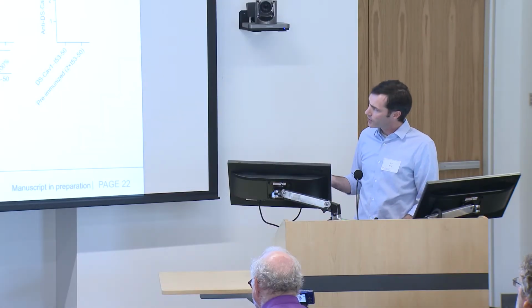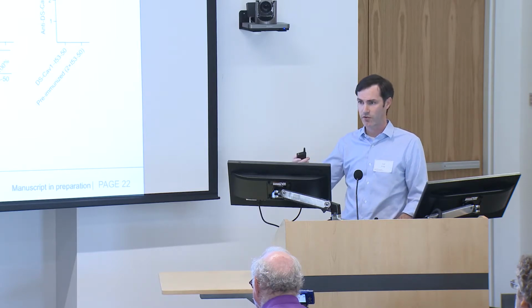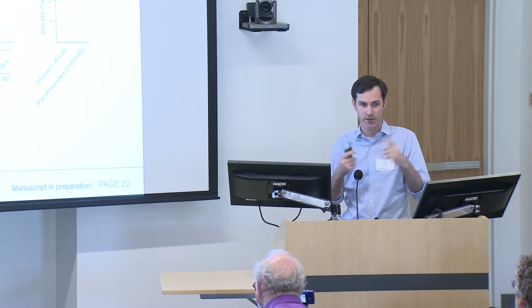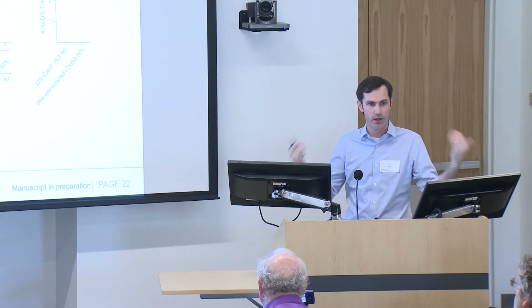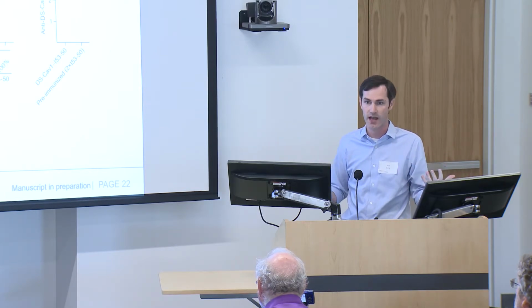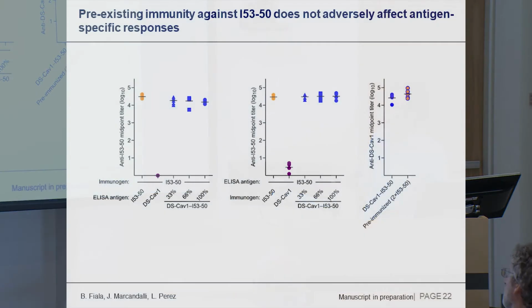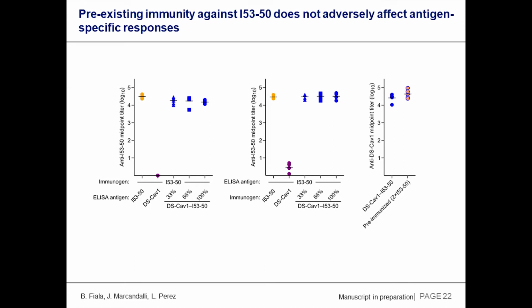And then another thing we've looked at is anti-scaffold responses, right? So this is a foreign protein nanoparticle that's underlying the antigen, and so it is absolutely going to be immunogenic. You're going to get antibodies against it. The question is, does that matter? So we did a couple experiments here where we immunized with just I5350, just the nanoparticle alone, and then we interrogated the anti-I5350 binding titers against the particle itself, and then the particle displaying DS-Cav1 at various valencies.